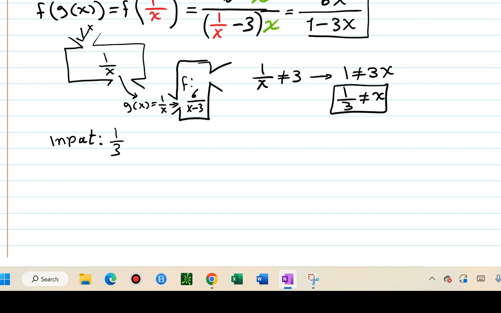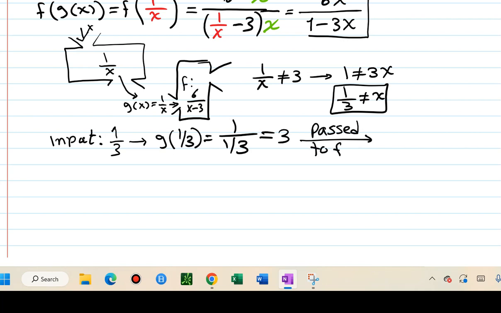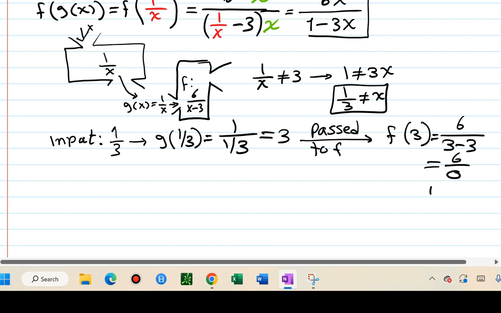I'm going to put in 1/3 and see what happens. So g at 1/3. See, g has no problem. It says, okay, I'm going to do 1 over 1/3. I'm going to pass on a 3 to f. Now f is going to try to evaluate at 3. Aha, there you go. You see that? F comes to a halt. I cannot do division by 0, undefined. There will be no output. That's why we exclude 1/3.